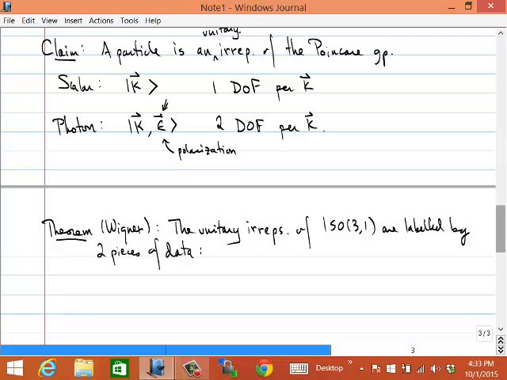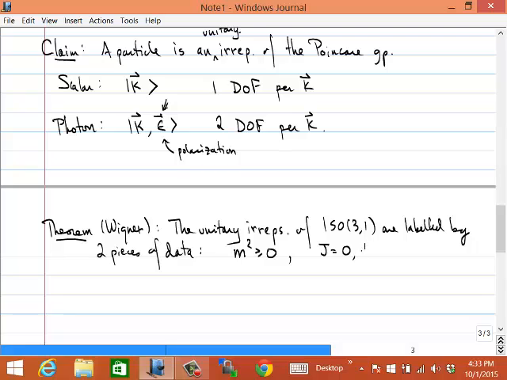There are 2 numbers that label the possible irreducible representations of the Poincare group. One of them is a positive number, so I'll call it m squared. And the other is a half integer, and I'll call it j.